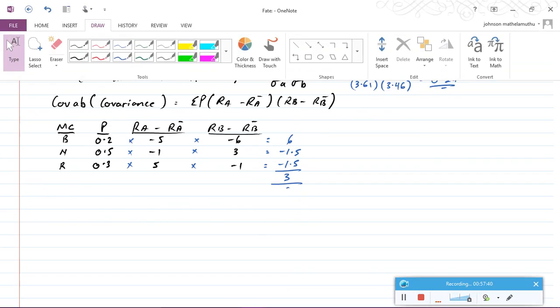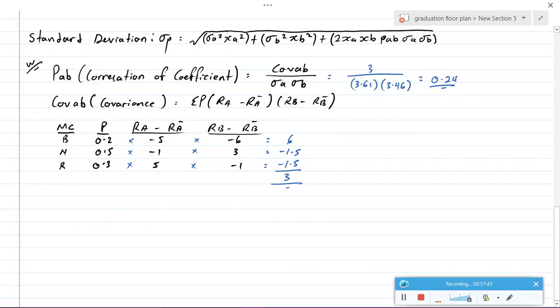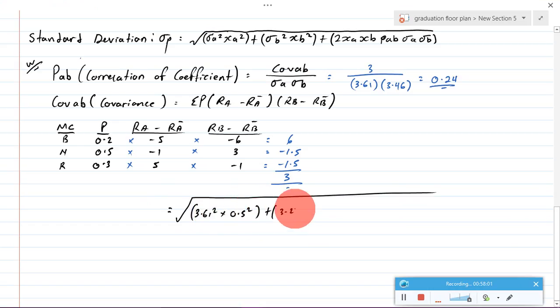So if you use back the calculation, 3.61 squared times 0.5 squared times... what? 3, you will get the same answer. Check and see, calculate and see, you get the same answer.